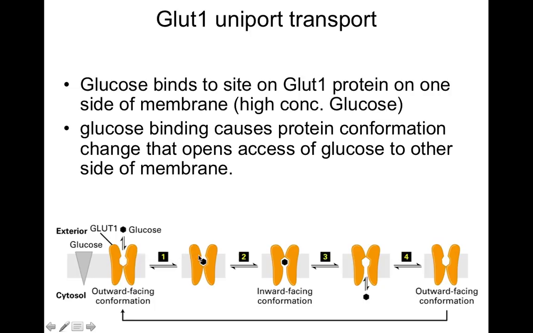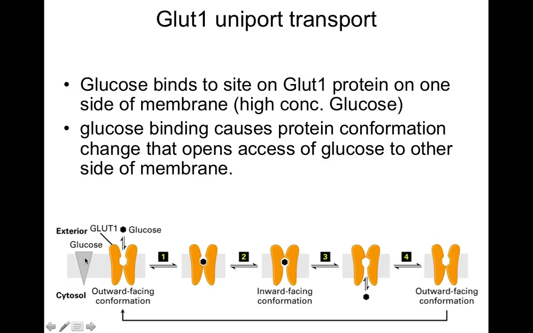Upon binding, this GLUT1 transporter undergoes a shape change or a conformational change, and now it faces inward, so it opens up on the inside of the cell, thus releasing the glucose. And then once the glucose molecule has been released, say into this muscle cell, then it goes back to its original conformation.